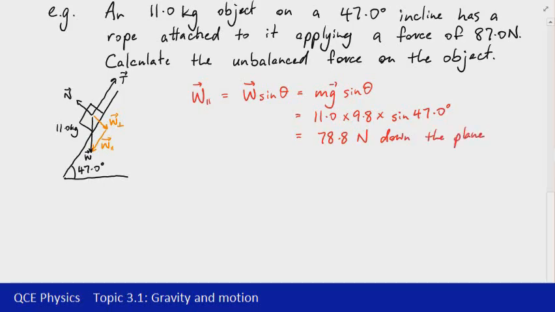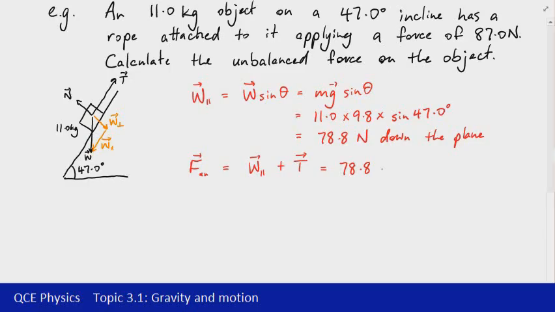We now need to look at the unbalanced force, and as I said before, that unbalanced force is always just going to be the addition of the parallel component of the weight and the tension force, or the applied force in a more generic sense. So we've just figured out that the weight component is 78.8 down the plane. Now the tension, we're being told, or we've inferred, is actually pulling this object up the plane.